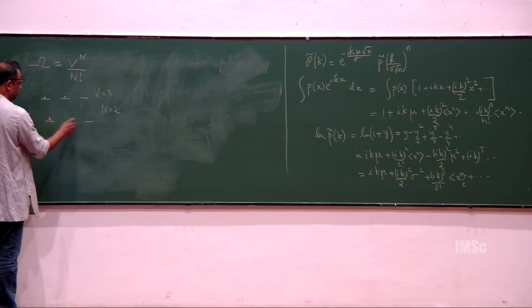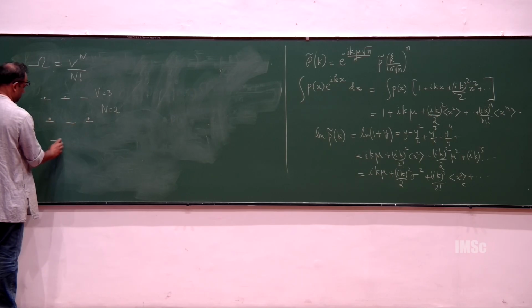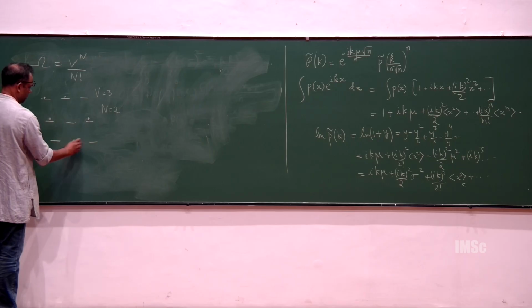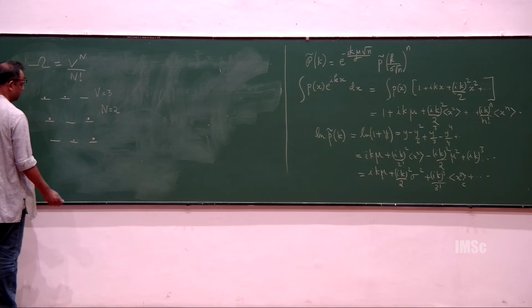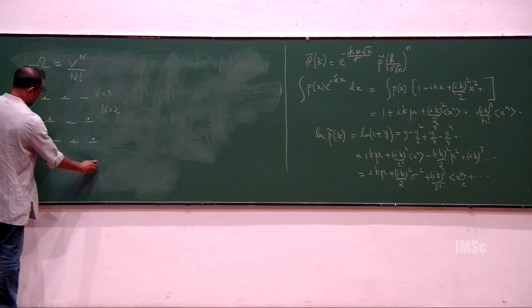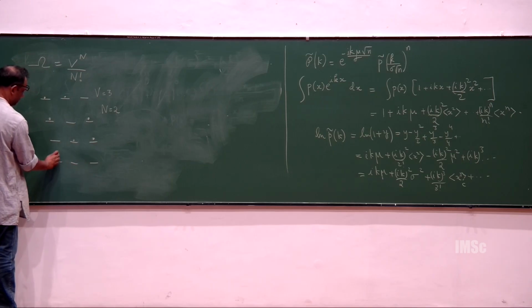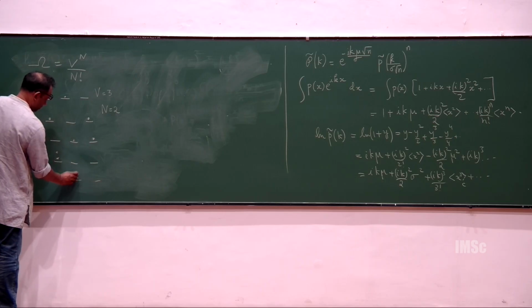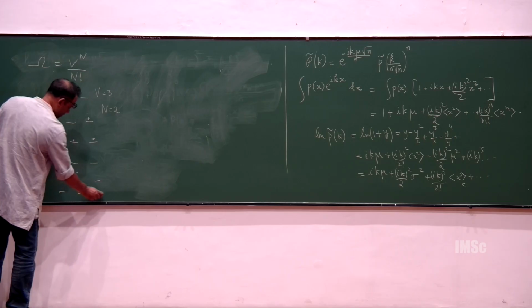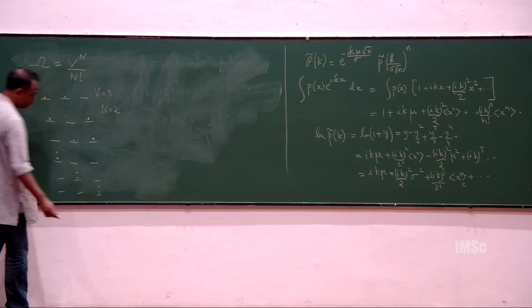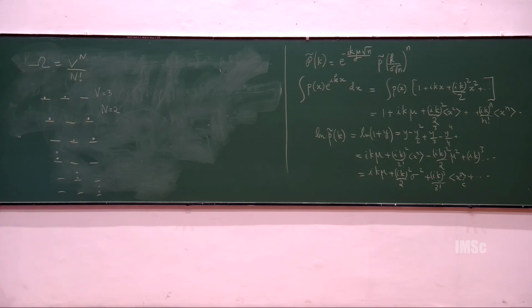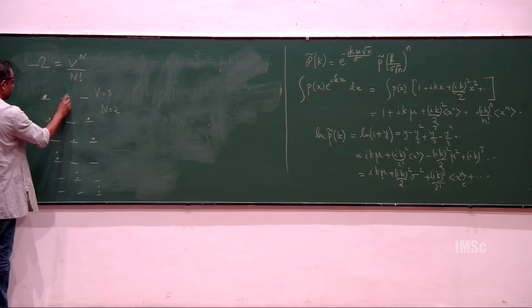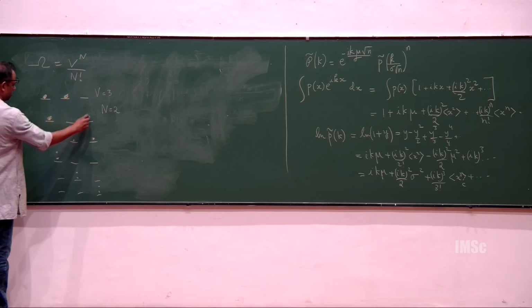One particle here, one particle here. One particle here, one particle here. That is 3. One particle here, one particle here, 4, 5, 6. Any more states? How many? Have I counted everything? Maybe I should make this bigger. 1, 2, 1, 2.